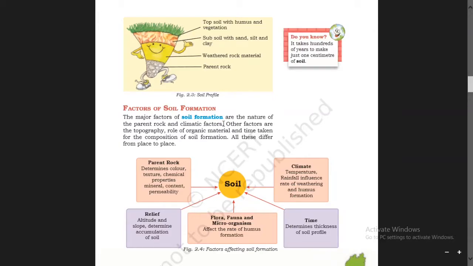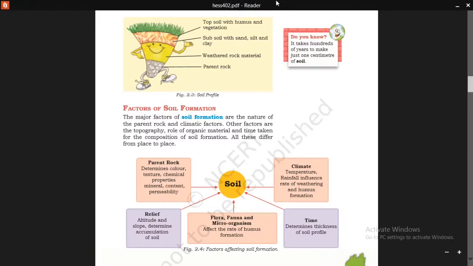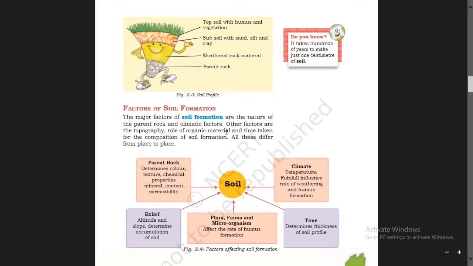So, these are the major factors of soil formation. One is the nature of the parent rock and another one is climatic factors. Other factors are the topography, role of organic material and time taken for the composition of soil formation.